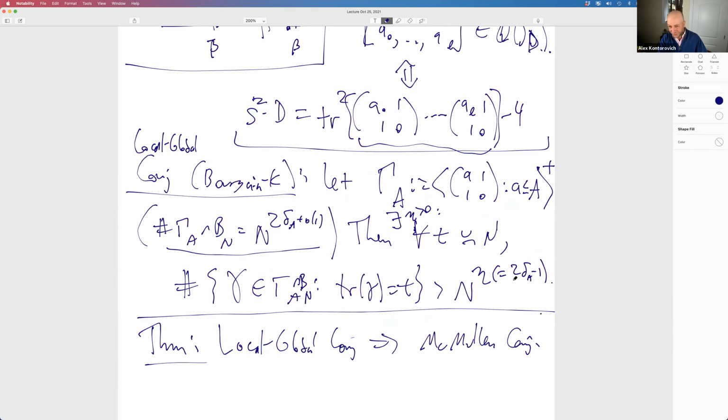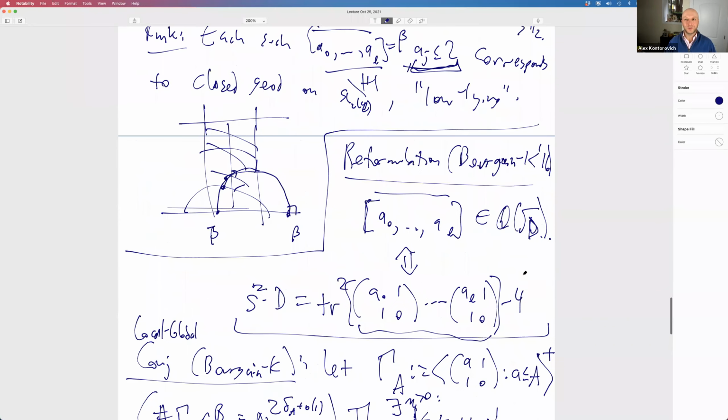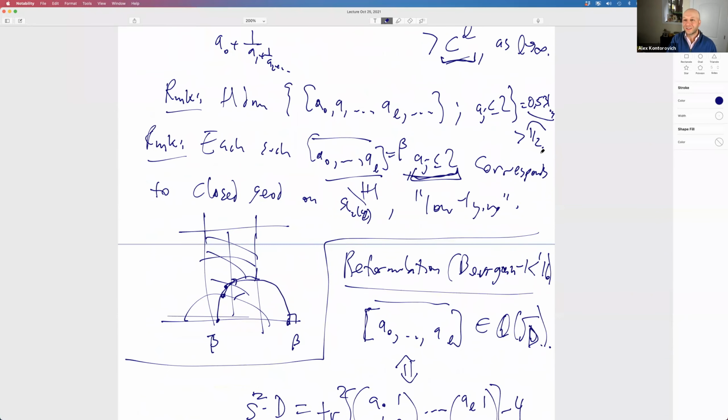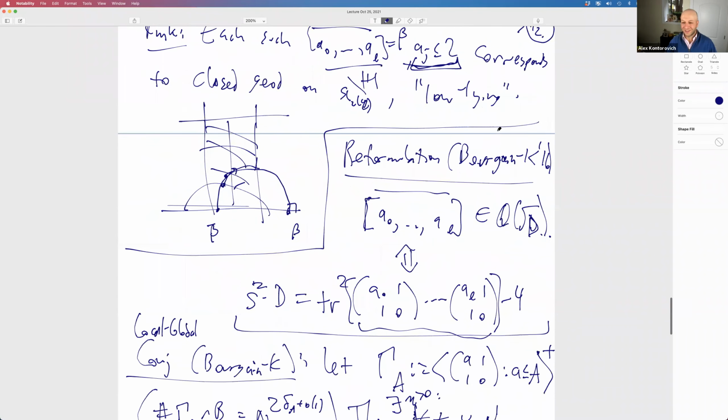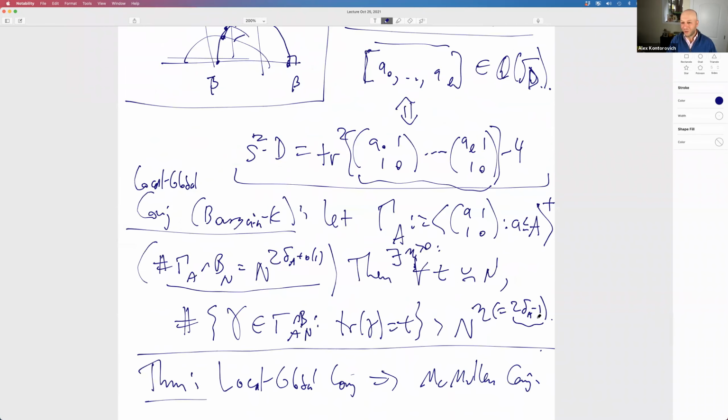This 2 delta minus 1, the smallest value of A is A equals 2. If A is equal to 1, then you just have a single matrix and the group is not Zariski dense. So if A is at least 2, as I said before, this Hausdorff dimension is bigger than a half, and so twice delta minus 1 is positive.